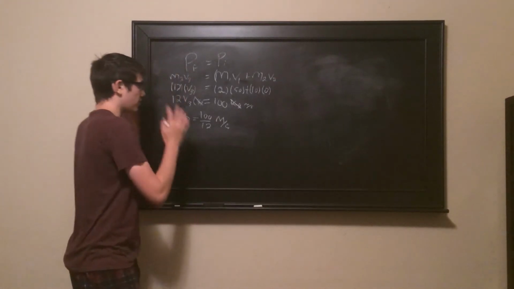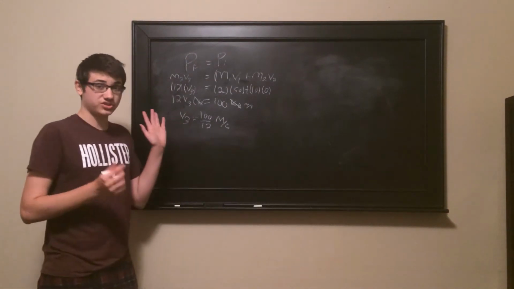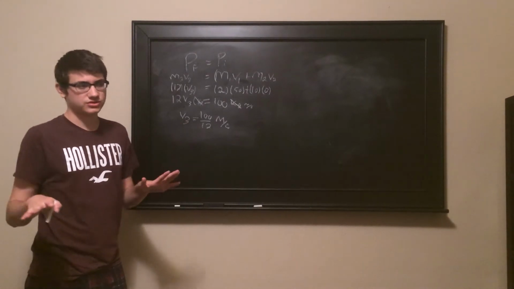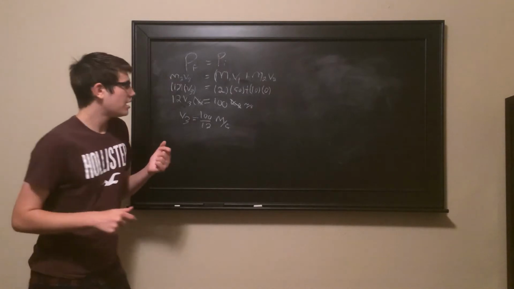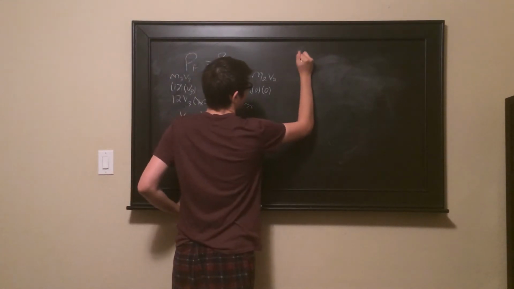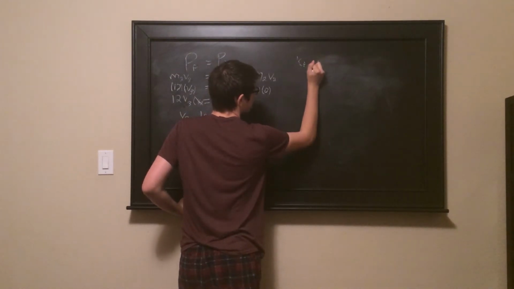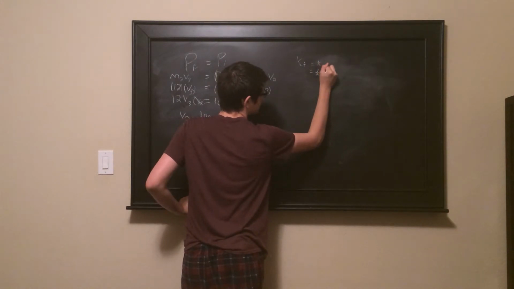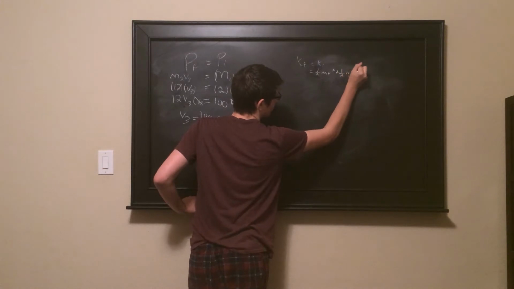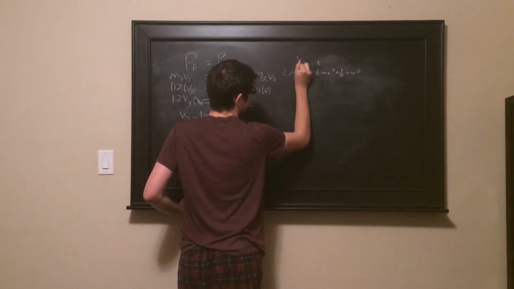So I'm going to use our problem here. Because these two stuck together, we should get kinetic energy initial that is not equal to the kinetic energy final, but we're going to go ahead and demonstrate this. So kinetic energy initial is equal to kinetic energy final. So we do 1/2 mv squared plus 1/2 mv squared of object 2 is equal to the final, which is 1/2 mv squared.